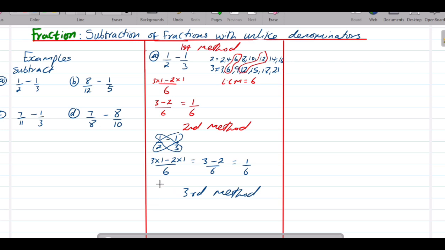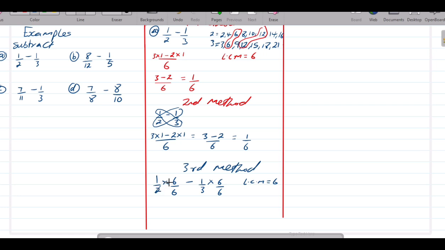So let's figure out this fraction here. I'm given the fraction 1 over 2. Don't forget my LCM. I've already determined my LCM, and my LCM is 6. So the next thing I need to do is to multiply this fraction by the LCM. We have 6 over 6 minus 1 over 3 times 6 over 6. 2 here is 1, 2 here is 3. 3 here is 1, 3 here is 2.